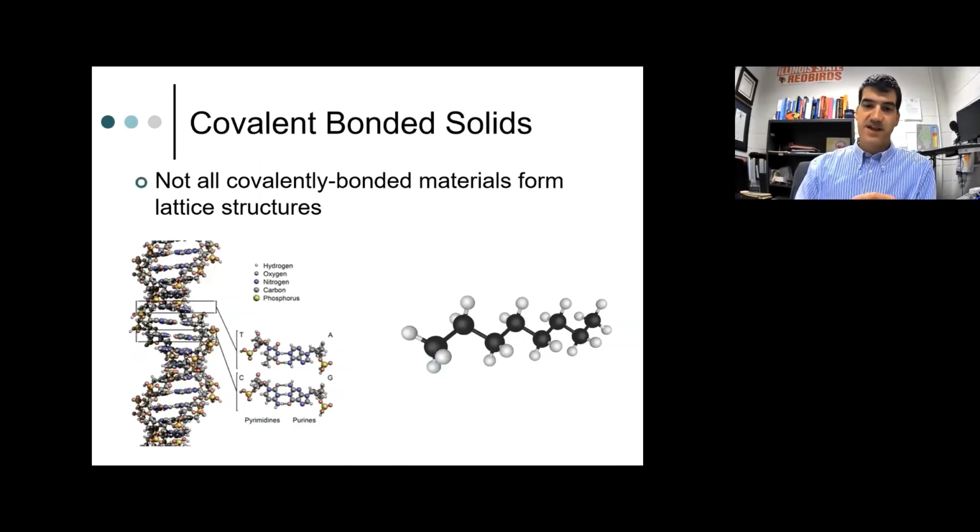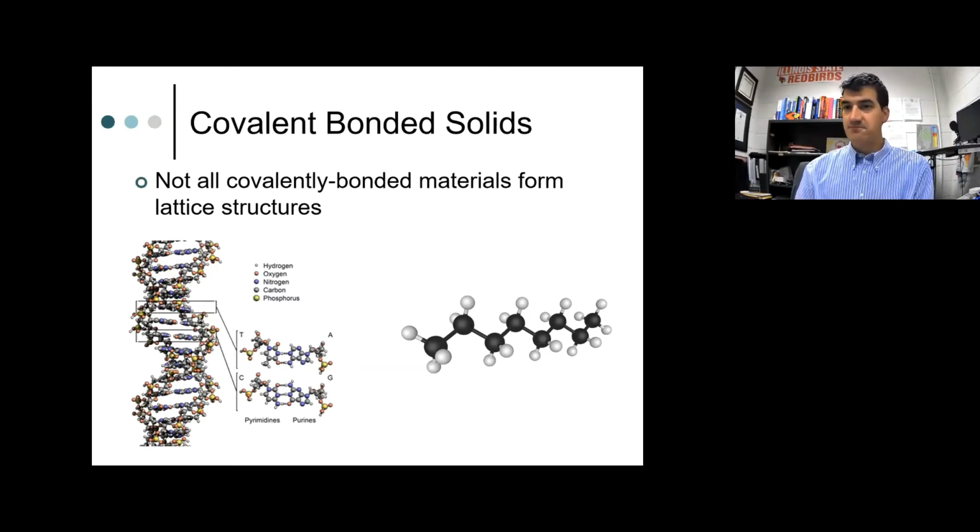Here are some examples. This on the right is a hydrocarbon. That means it just has hydrogen and carbon in it. And if we count the carbons, 1, 2, 3, 4, 5, 6, 7, 8, this is a hydrocarbon with 8 carbons. There's a common name for this that I'm sure you've heard before.